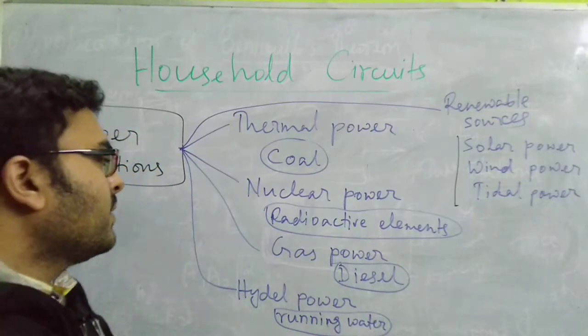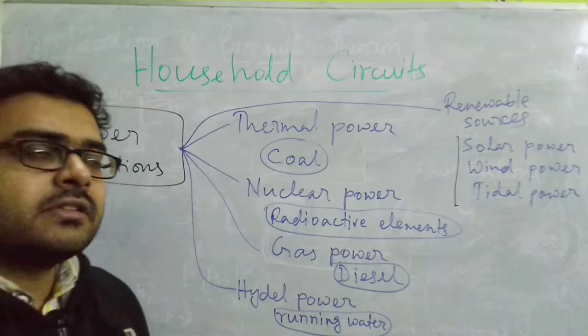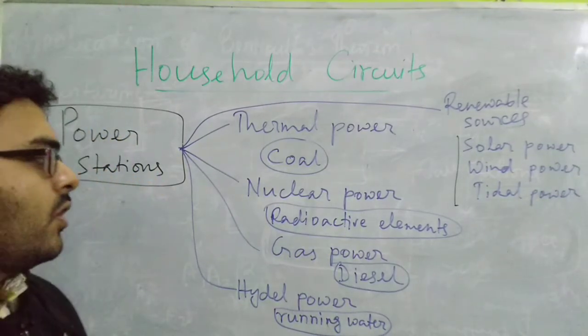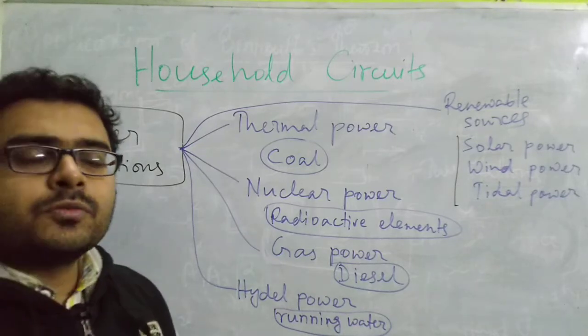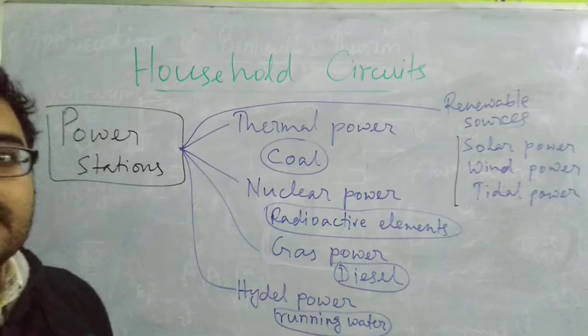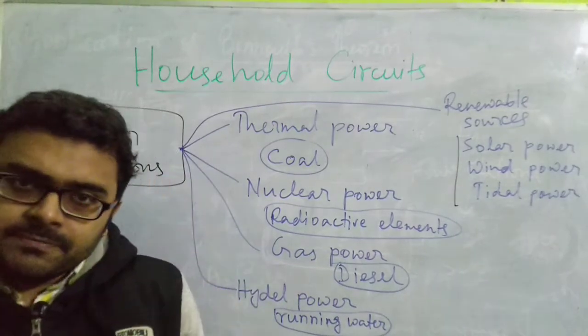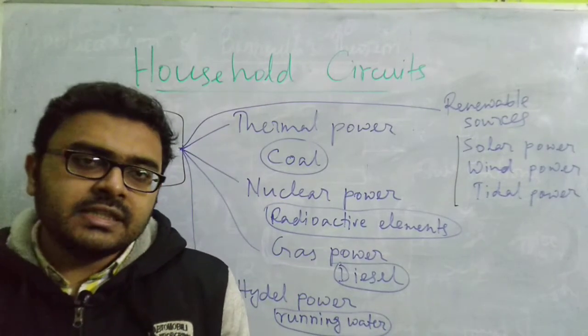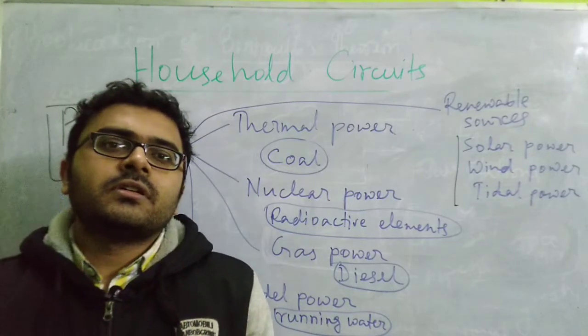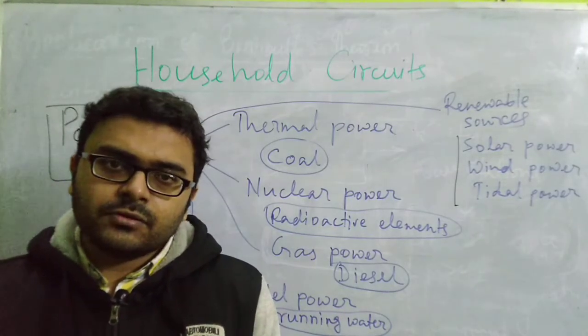Also in coal thermal power stations, the coal is burnt and heat is generated, and in gas power stations, diesel or natural gas is burnt and that produces heat. Now this heat is utilized to convert the water into steam, and that steam runs the turbine which generates power.